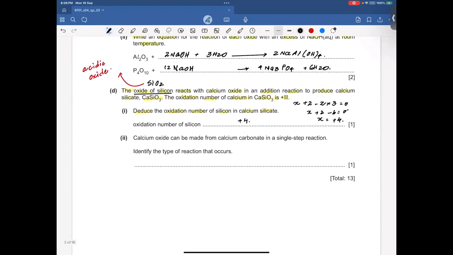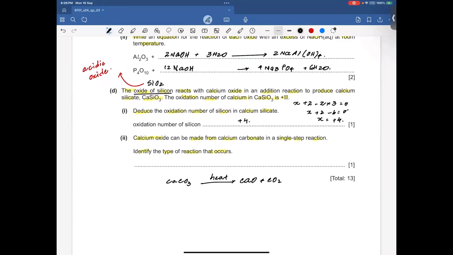Okay. Calcium oxide can be made from calcium carbonate in a single step reaction. Identify the type of reaction that occurs. Okay, that's an easy thing. Calcium carbonate is a group 2 metal carbonate. Group 2 metal carbonates, when decomposed on heating, turn to calcium oxide and carbon dioxide. So in order to produce calcium oxide, we need to decompose calcium carbonate.